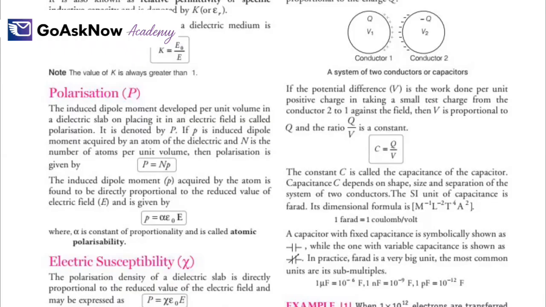And if the separation of the two conductors changes, it will also change. So it depends on the physical arrangement only. It doesn't depend on Q and V here.